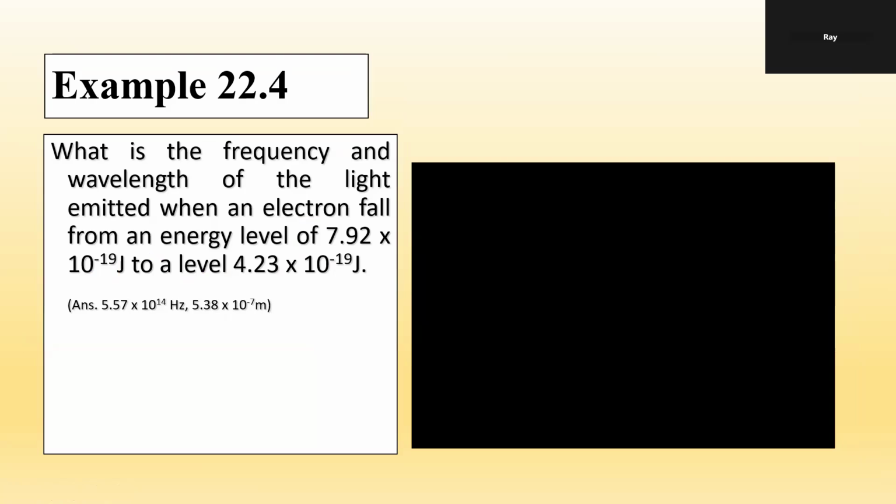Just draw a picture, or picture in your mind, what is happening. This is the higher energy level, this is the lower energy level. Usually it's a negative sign. We will go into that in a while.